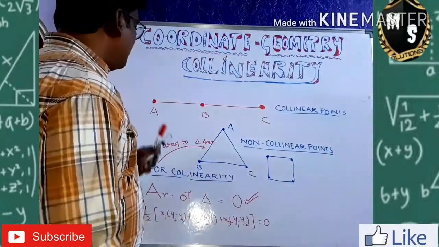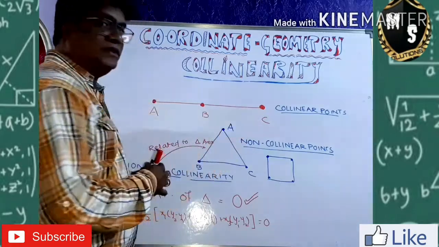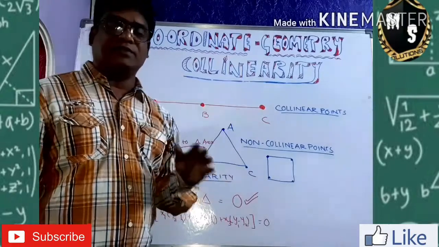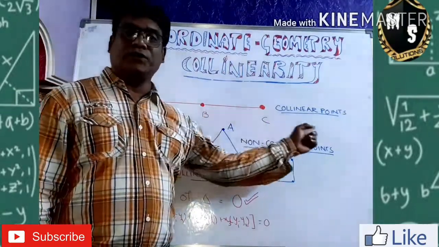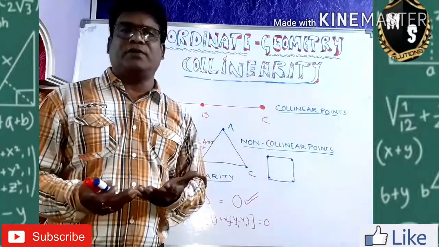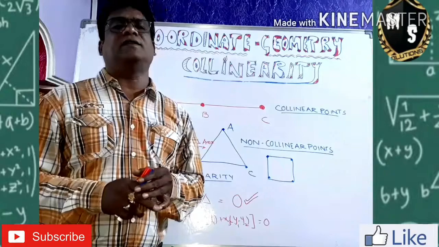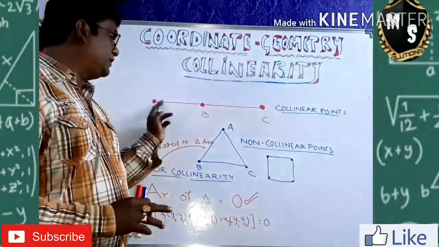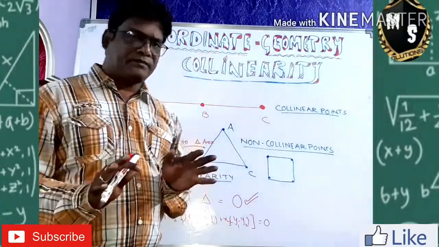When I am saying about the points A, B, C, they are in the same straight line. For that reason, these 3 points are called collinear points. The points which are on the same straight line are called collinear points. That means if you join collinear points, you are going to get a straight line only.